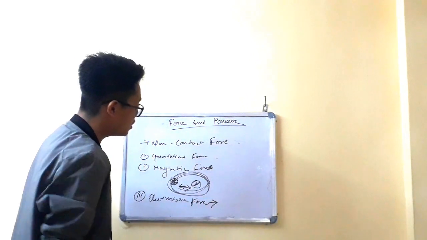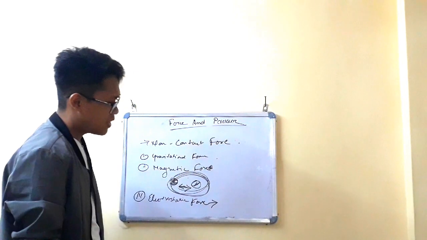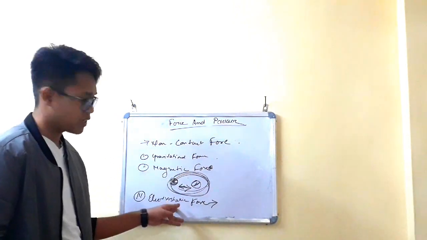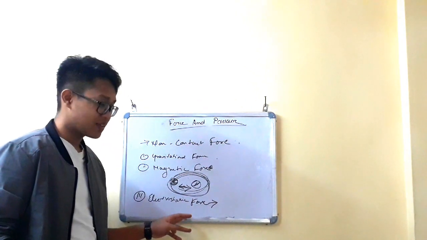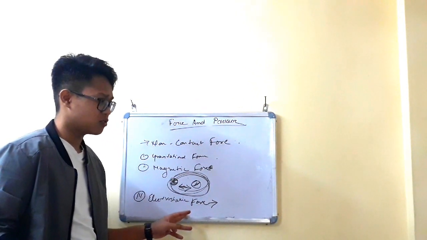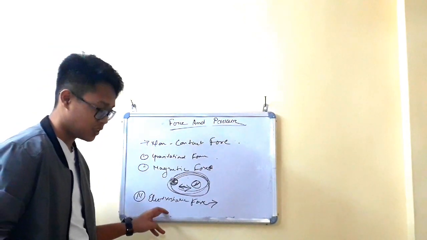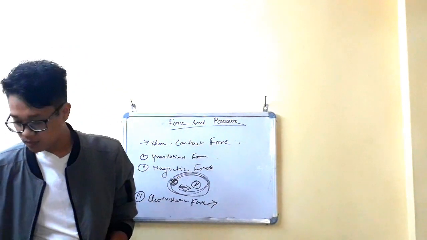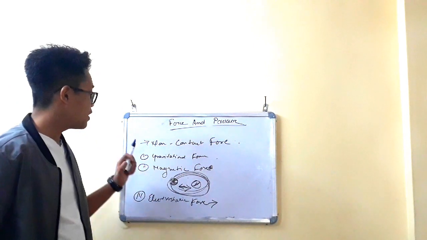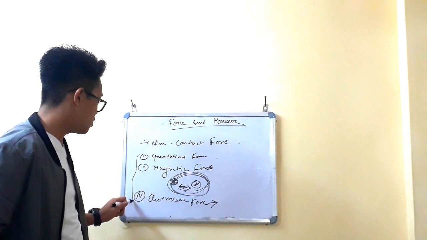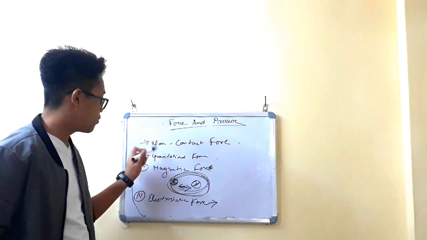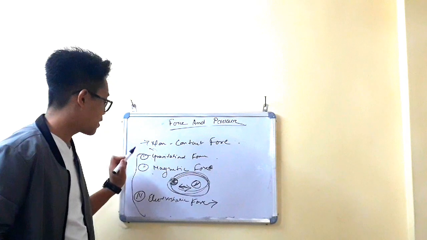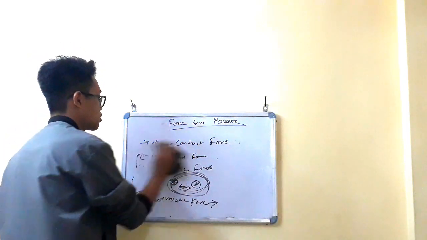Electrostatic force is also a type of magnetic force, where the force is created due to electricity. Like there are some magnets also which are operated with the help of electricity, right? You don't need to go for the definitions much. Under non-contact force, there come gravitational force, magnetic force, and electrostatic force. Done.